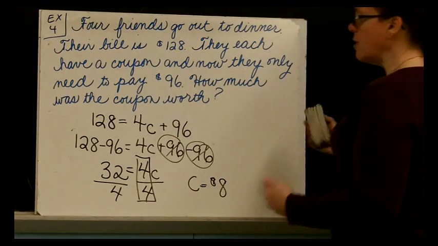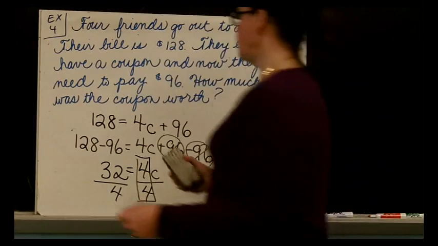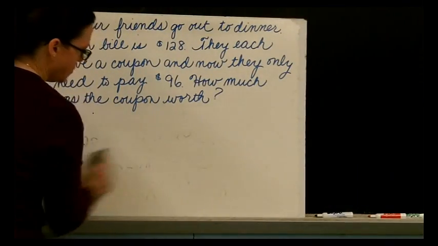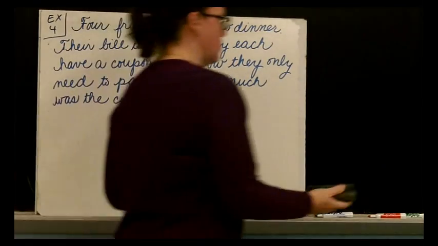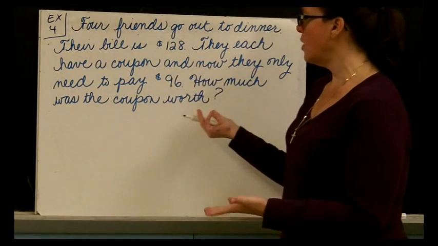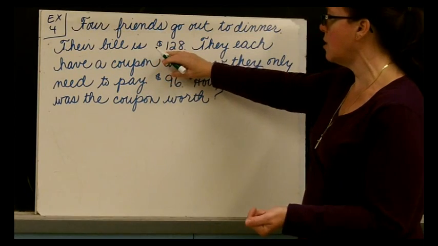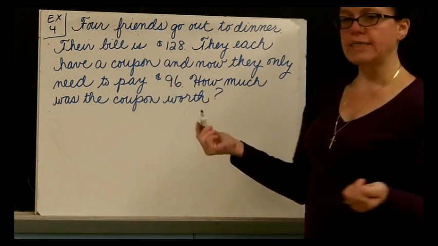And as I said, there was another way that we can set up this equation. And I'll show you the other way. Now, the word total is used twice. We're talking about that their total bill was $128, but then the real final bill was only $96.